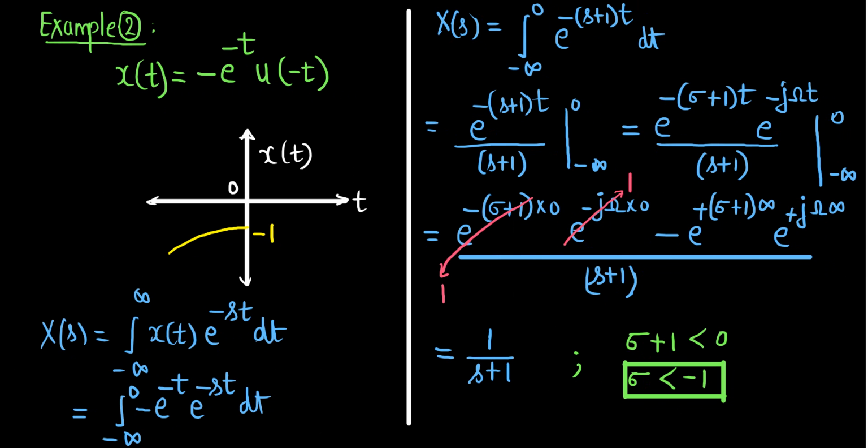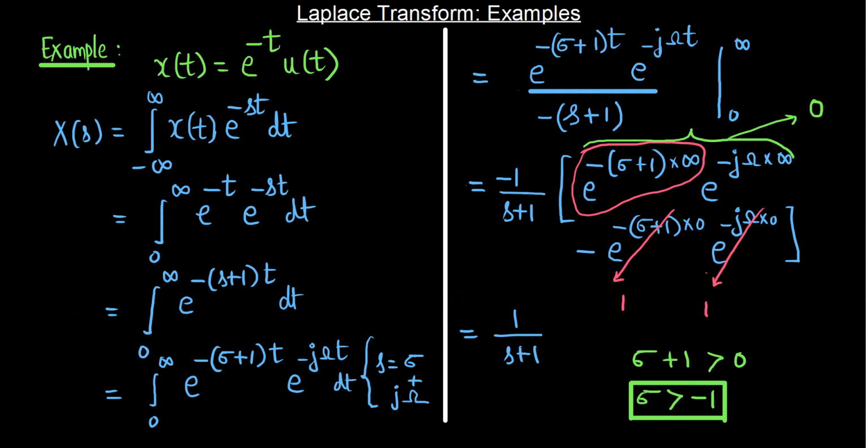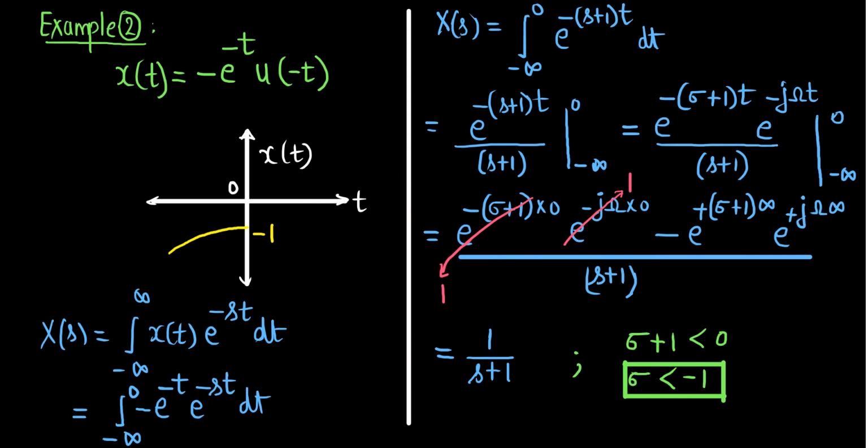Now let's compare this result with the previous one. In example 1, the first example that we have seen, we may observe that the expression for X of s remains the same, 1 upon s plus 1. For the signal e power minus t u of t, it is 1 upon s plus 1, and for the signal minus e power minus t u of minus t, again the expression remains the same.